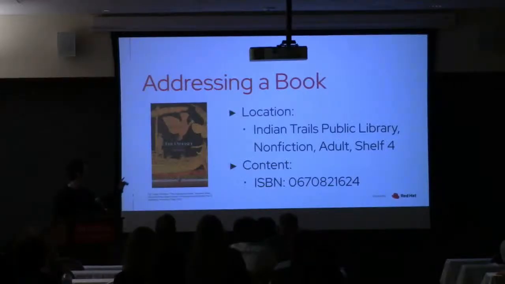Whereas if you are addressing it by the ISBN number, that is universal. You can go to any library and ask them for this ISBN number, or you can go to a friend, look at their book, and see that that ISBN number matches. So you know that it is actually the Odyssey, even if the cover is different.